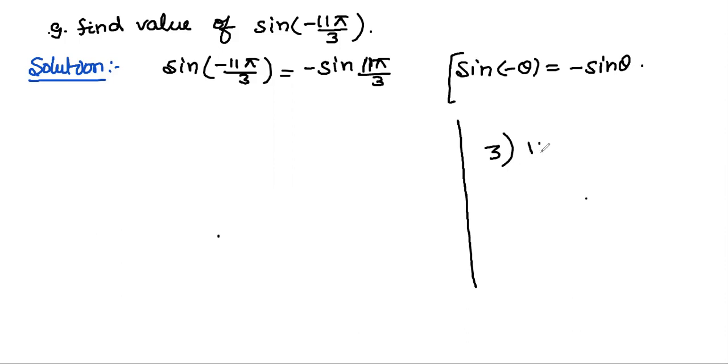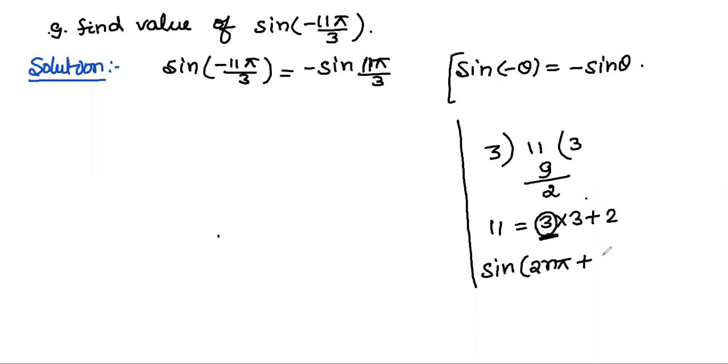So 11 equals 3 into 3 plus 2. But we are not getting a multiple of 2 pi. Whenever we use the periodic form in sine, we know that sine of 2n pi plus theta equals sine theta. But here we are not getting a multiple of 2. So because of that, we can't take this form here.